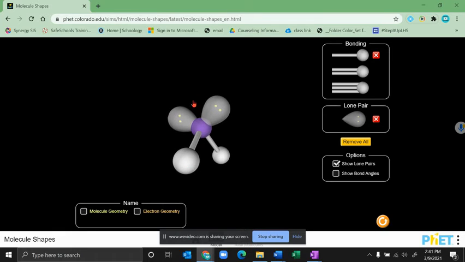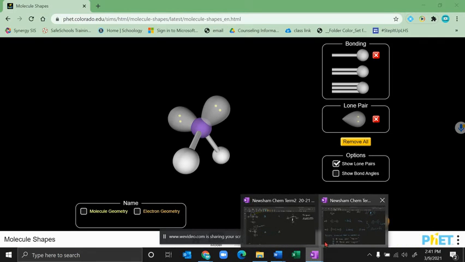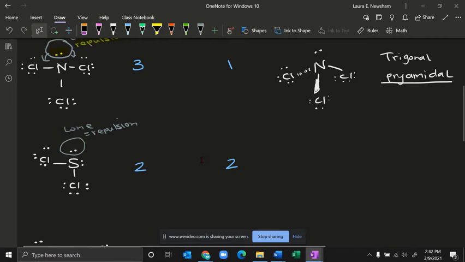So keep that in mind when you're drawing, no matter what your Lewis structure looks like. That's why we're writing this 2 and 2 down, so you have something to go back on when in doubt.